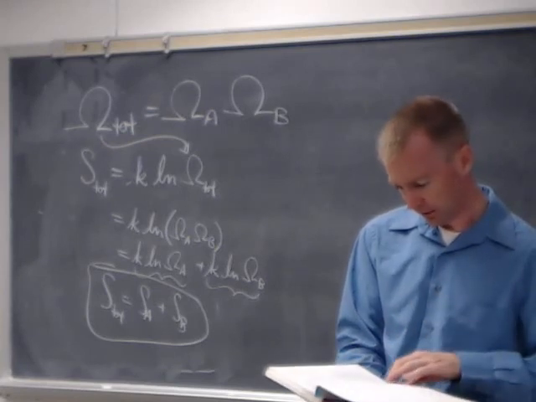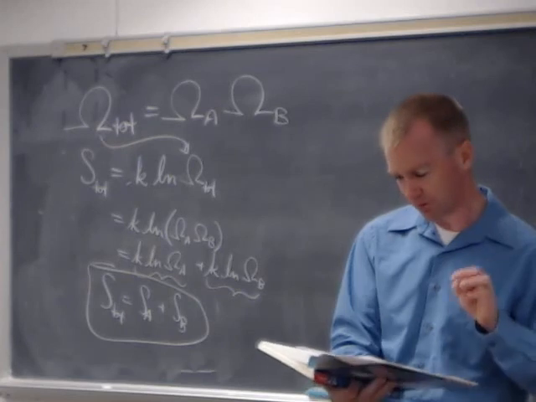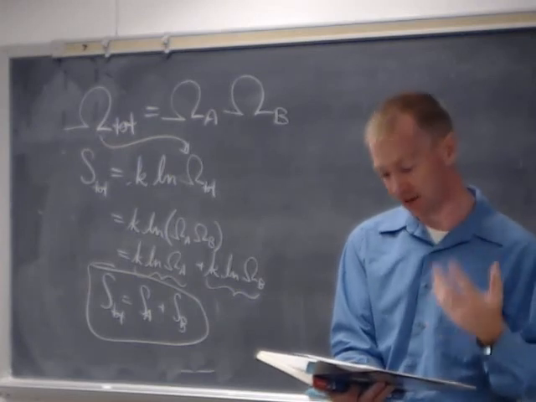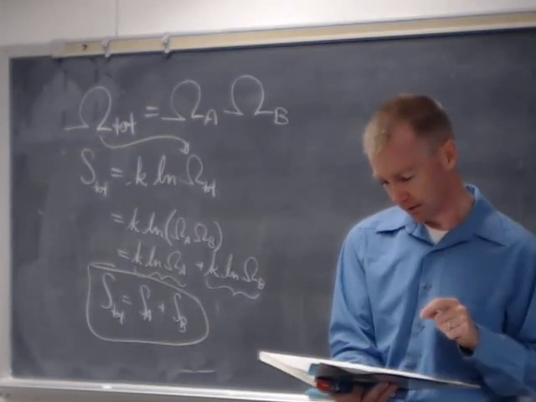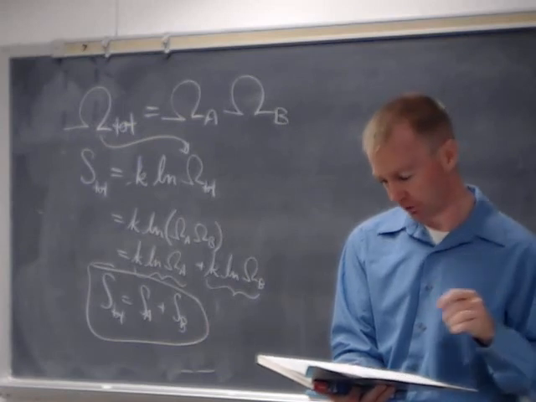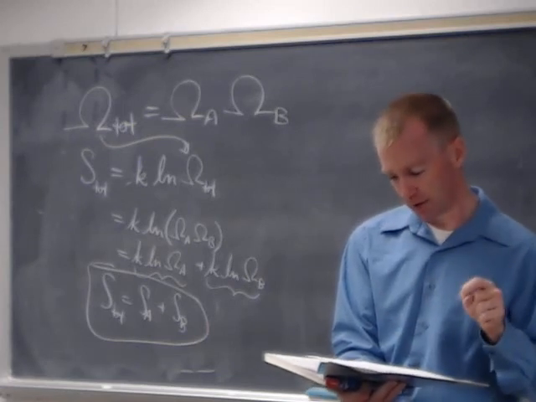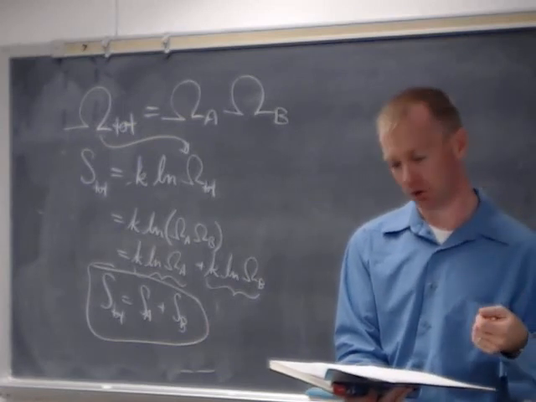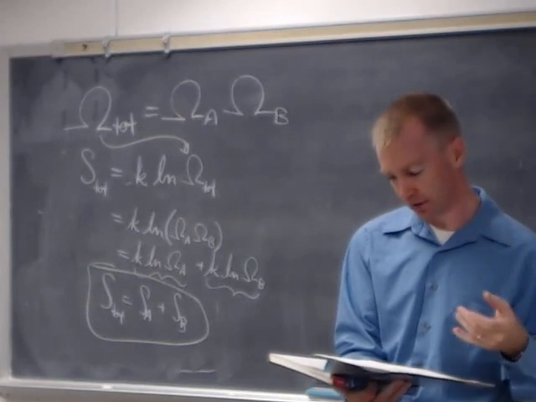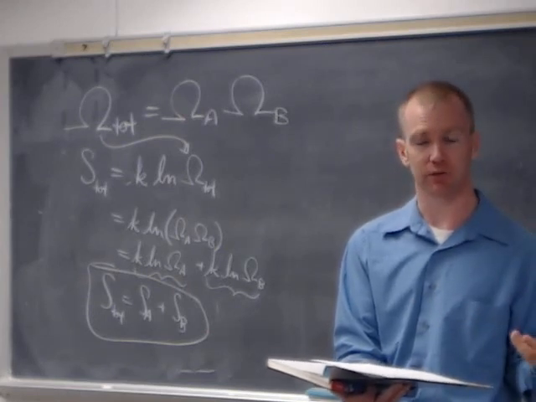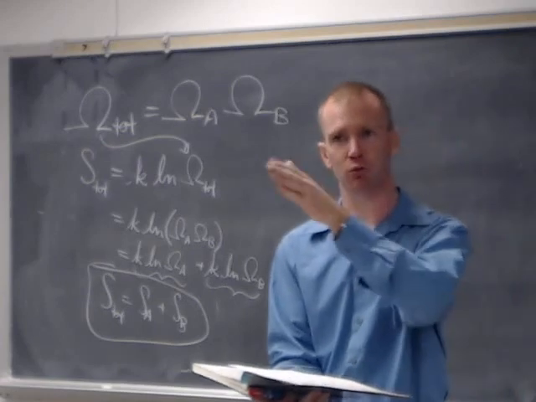Because we think of entropy as being disorder, he says, be careful about what you mean by disorderly. Most people would agree that a shuffled deck of cards is more disorderly than a sorted deck of cards. There's only one way that they can be sorted in order.